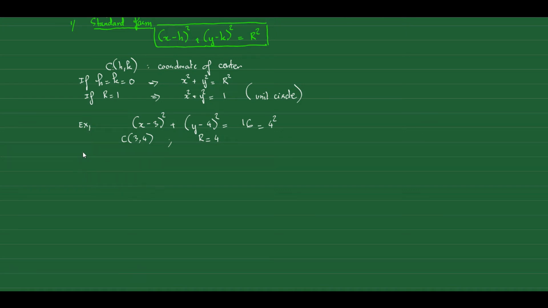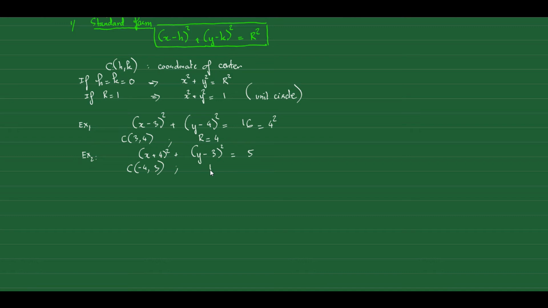Now, what if I have something like this? What if I have (x plus 4) squared plus (y minus 3) squared equals 5? Then you see the formula has minus, but this is plus, so it would be minus minus plus. So the center will be (minus 4, 3), right?